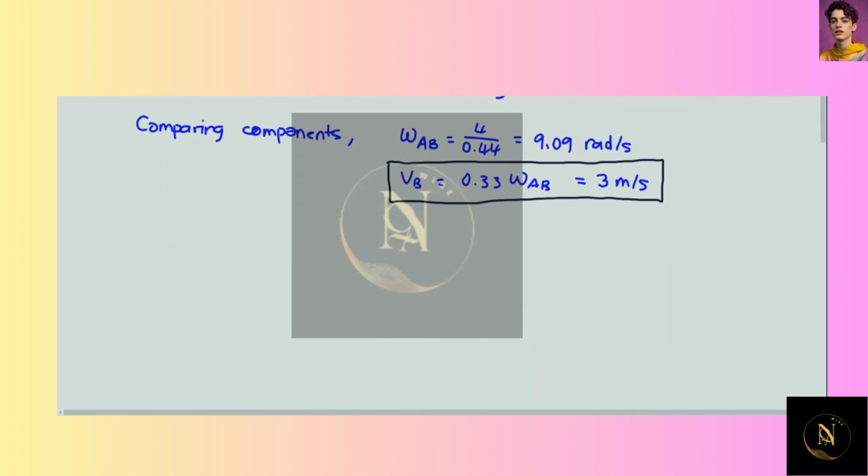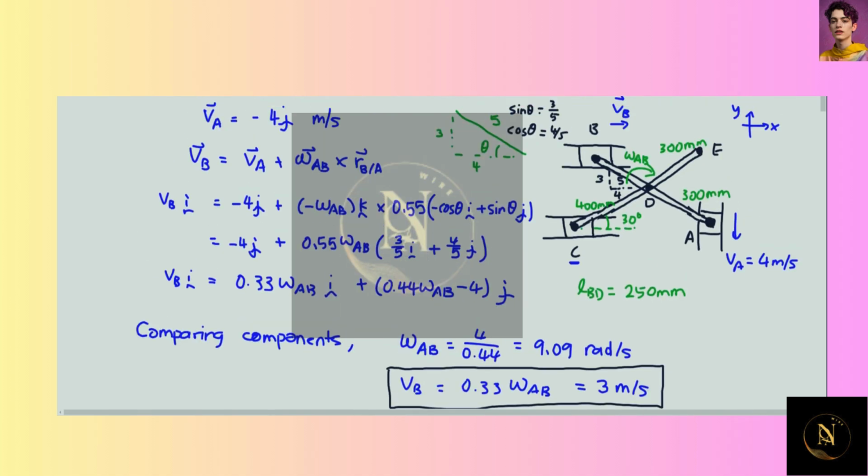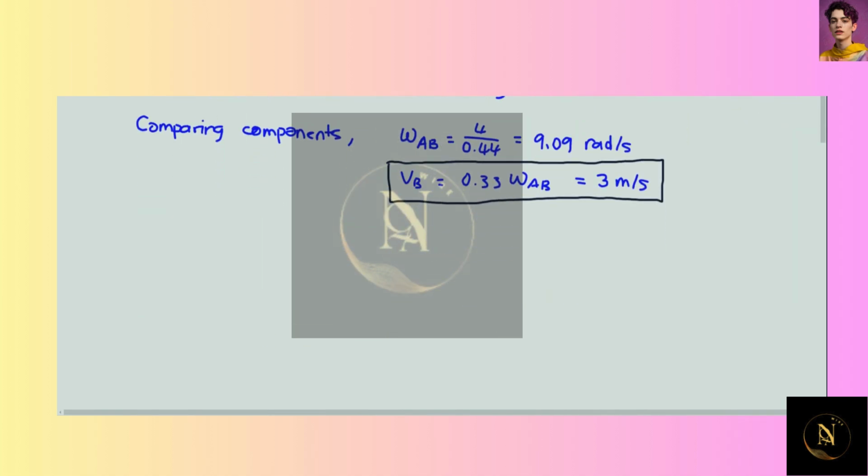So we need to find omega CE as well as VD. So first we find VD, which is equal to VA plus omega AB cross R D relative to A.